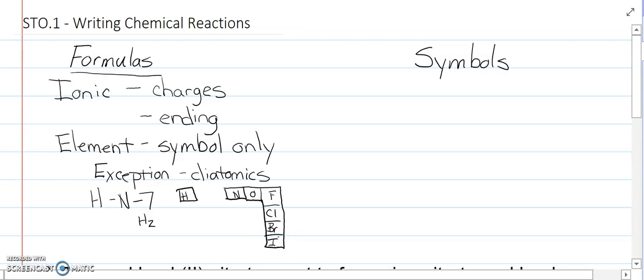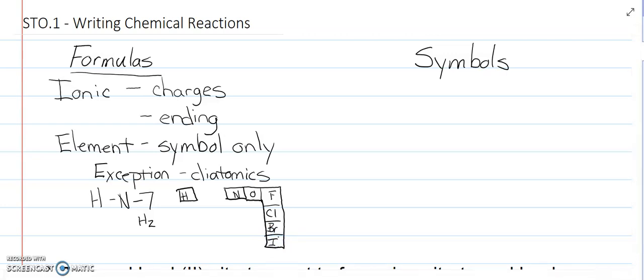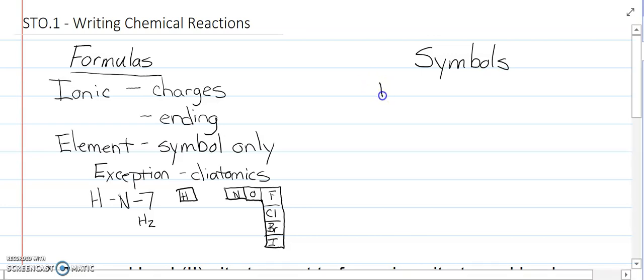Now for symbols, there are tons of symbols that are used in writing chemical reactions, but we're going to keep it basic and simple. For our purposes today, we're going to look at a plus sign, and a plus sign is going to separate 2 or more things on the same side of the equation.